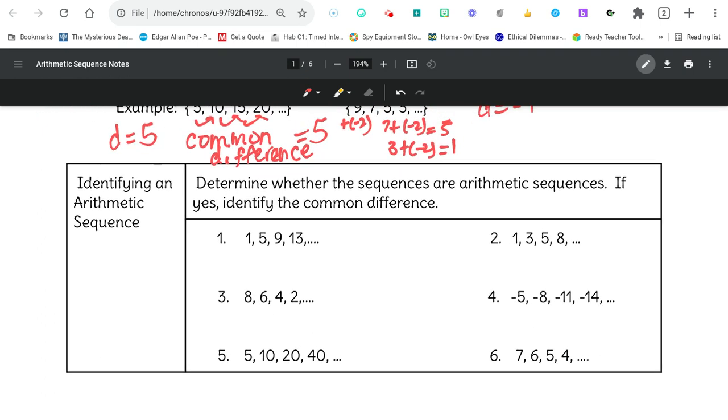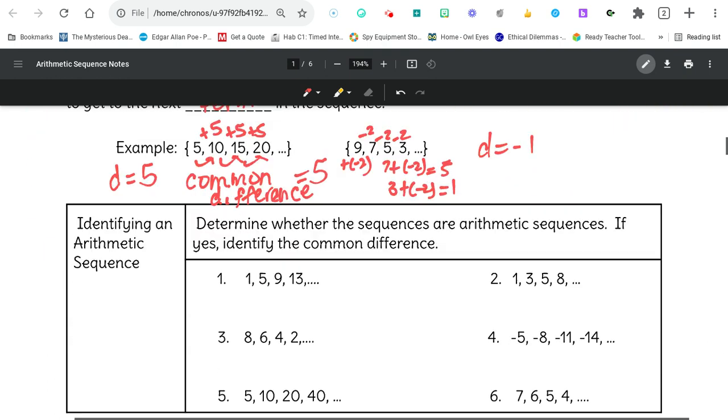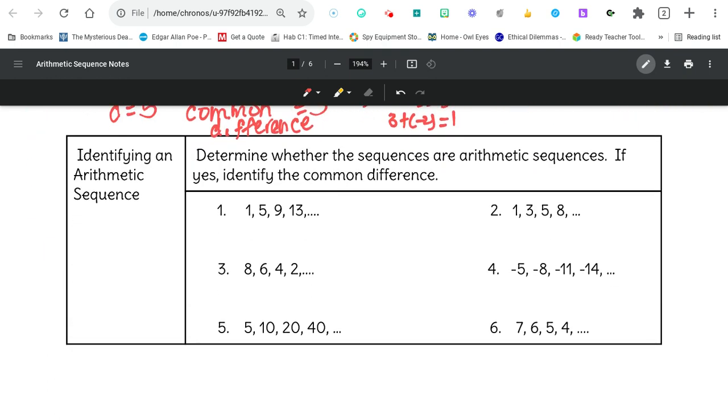All right, determine whether the sequences are arithmetic sequences, and if so, identify the common difference. In order to be arithmetic, we have to be adding or subtracting the same number to get the next term. Well, you add 4 to 1 to get to 5, add 4 to 5 to get to 9, add 4 to 9 to get to 13.